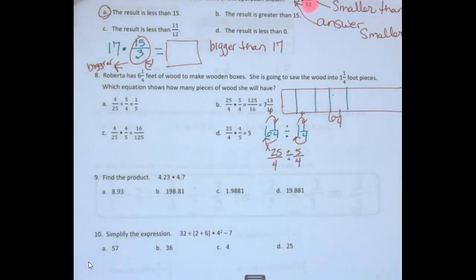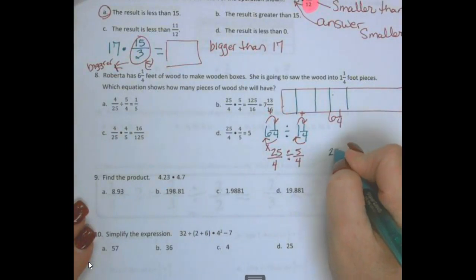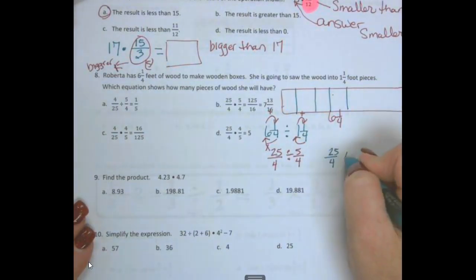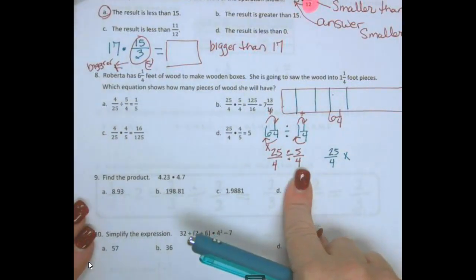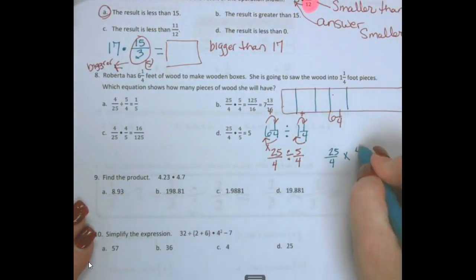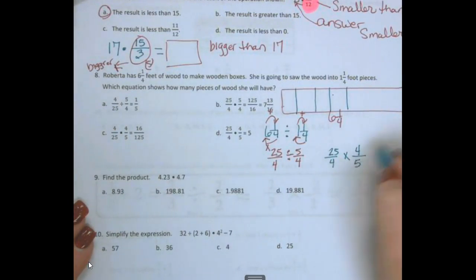I put both of my problems into improper fractions. Now I can multiply. 25 over 4 times, multiply by the reciprocal. The reciprocal will be 4 over 5.